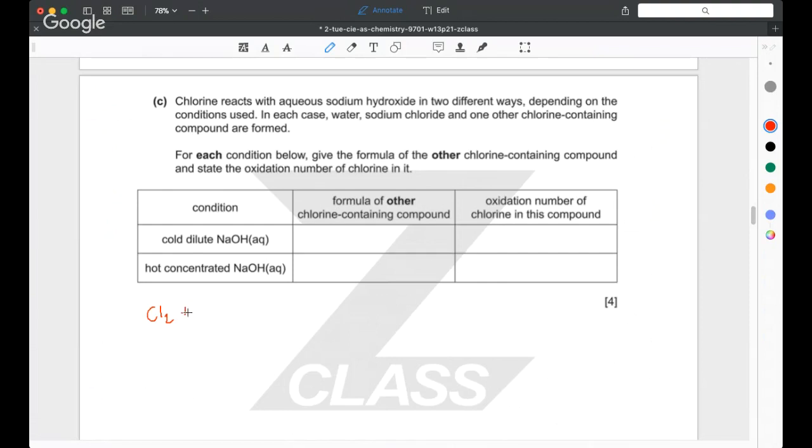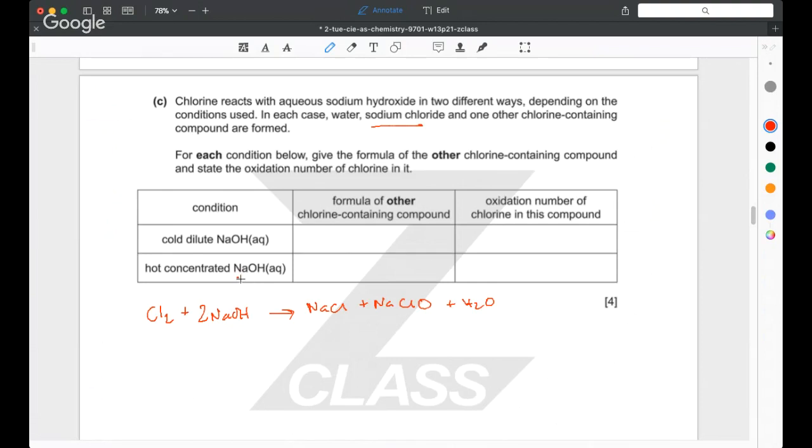Now, on other occasions, I suppose you might be asked to actually give the equation. I'm writing it out here, and that's the sodium chloride that's referenced up here, and the other product is NaClO plus H2O.